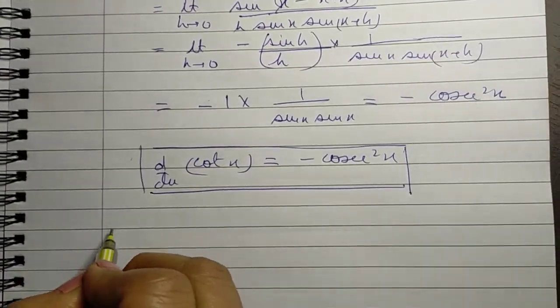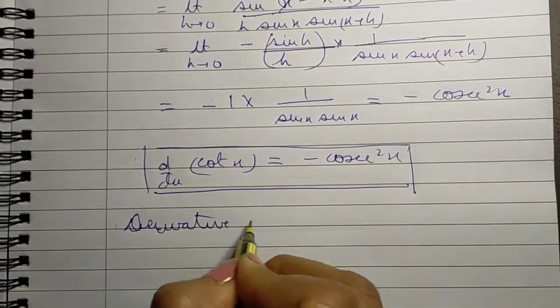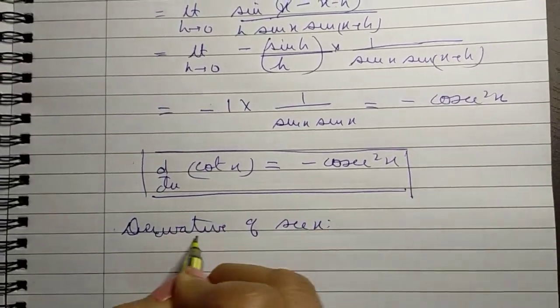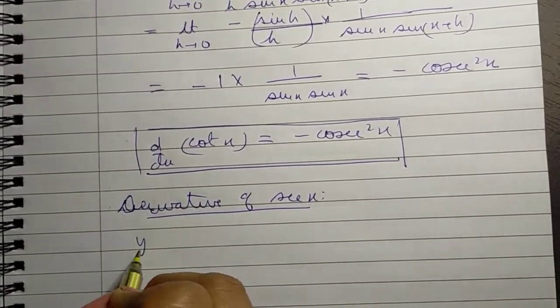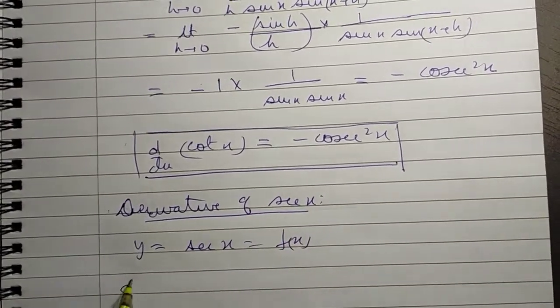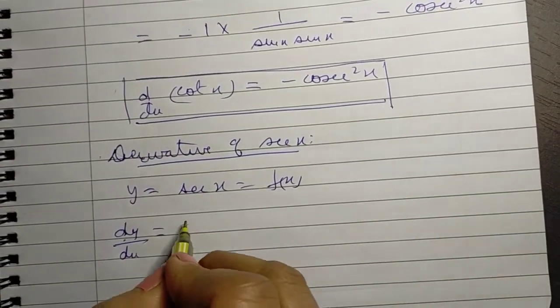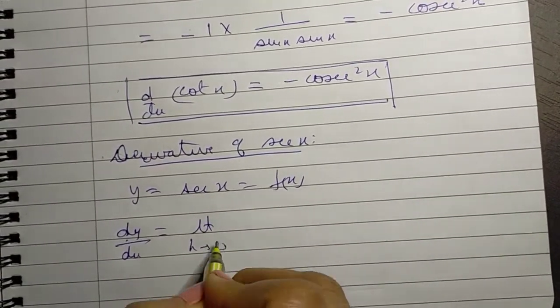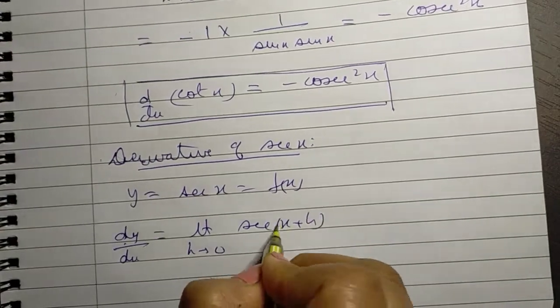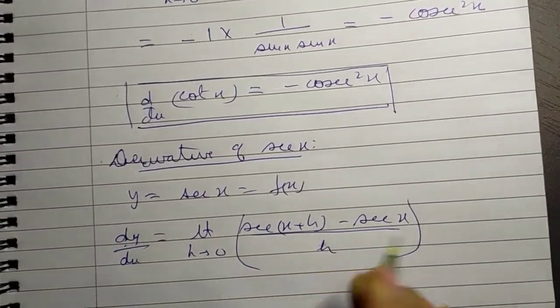Now coming to the next result, the derivative of sec x. Again the same way, let y equal to sec x equal to f(x). Dy by dx will be equal to limit h tending to 0, sec of (x plus h) minus sec of x, over h.